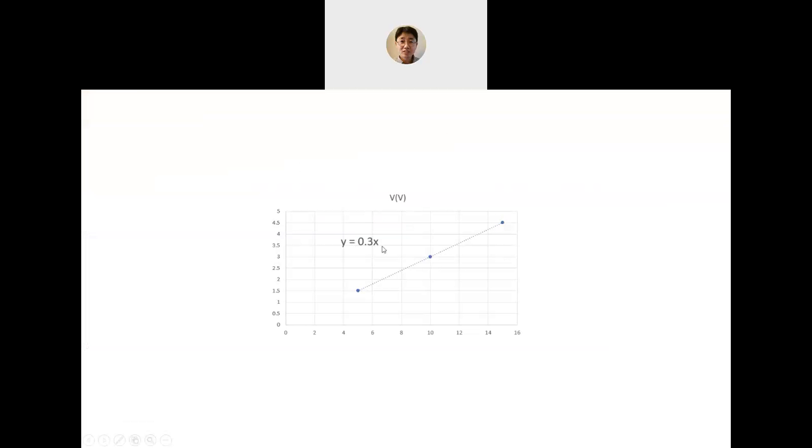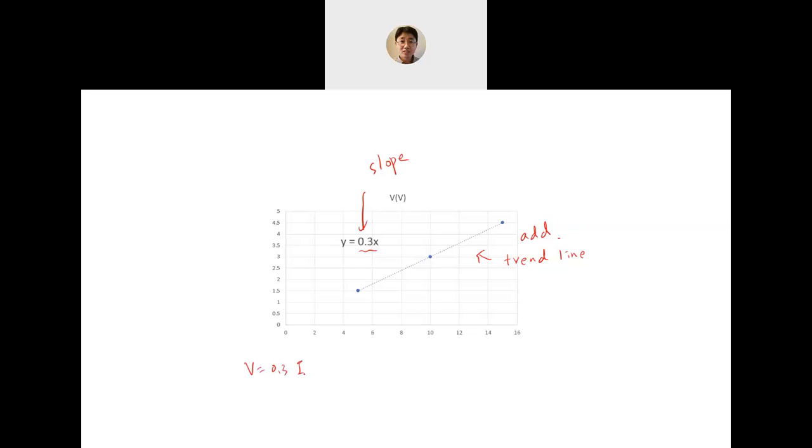This 0.3 is the slope that we got by adding a trend line. That means V equals 0.3 I.